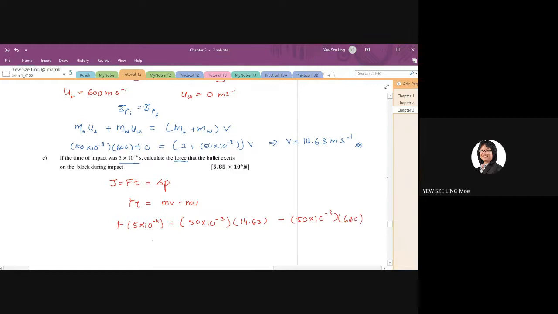Then you should get F equals 5.85 times 10 to the power 4 Newton. So you solve it and see whether you can get the correct answer or not. This is how you solve the questions.